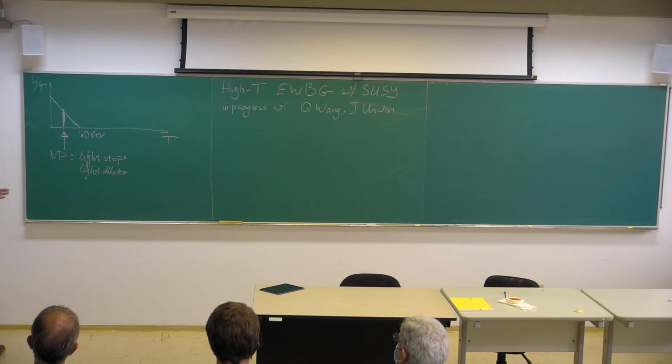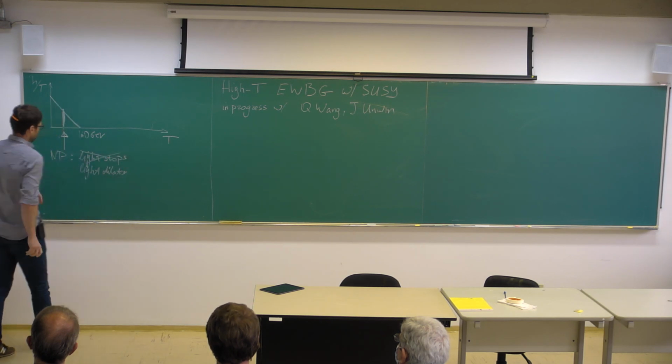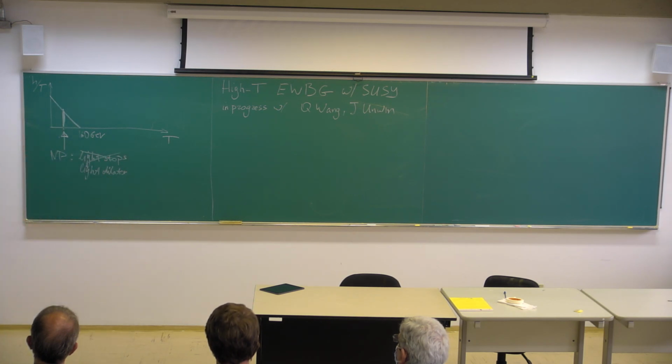And some of them are already completely excluded, like light stops, which are needed for the first order phase transition in the MSSM, just already excluded. A light dilaton is under severe pressure.